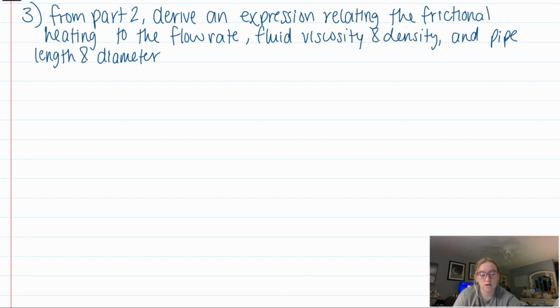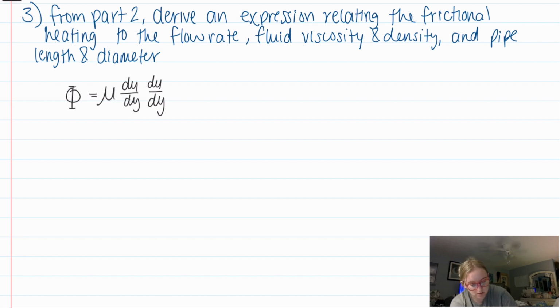So frictional heating of a pipe can be related to viscous dissipation in the flow, and the rate of this is, let me write this down, I don't know the name of this symbol, sorry, this little guy, which is equal to mu du dy squared. So looking back to the first question and the velocity obtained, we can express this as a function of y and then integrate it over the cross-sectional area to find the total frictional heating.